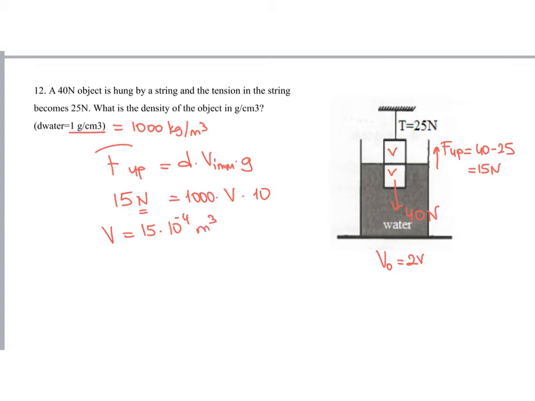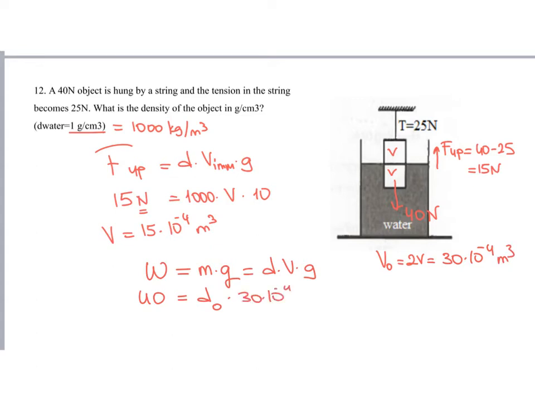Now we know the weight of the object is equal to mass times g. It is 40 Newton. The mass is equal to density times volume. So the density of the object is asked. The volume of the object is equal to 2V, which is equal to 30 times 10 to the minus 4 cubic meter, and times g, 10.